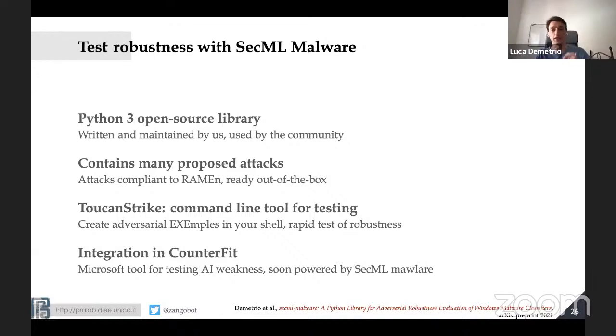All of the things that I told you before are implemented here. You can find all of the attacks and these 4 steps for the gradient-based and the 3 steps for the black box ones inside this library that we use in our work for testing the malware classifiers we are trying to break, or to understand how robust they are or not.